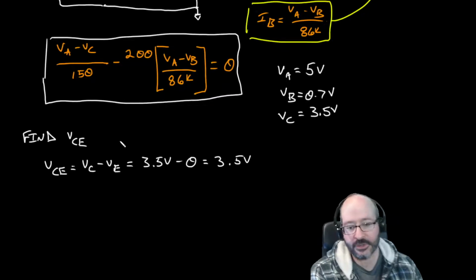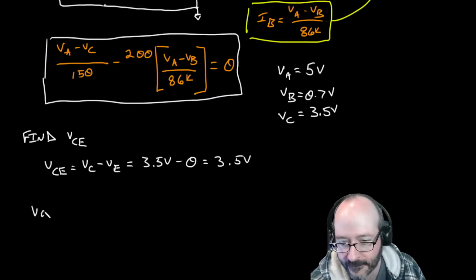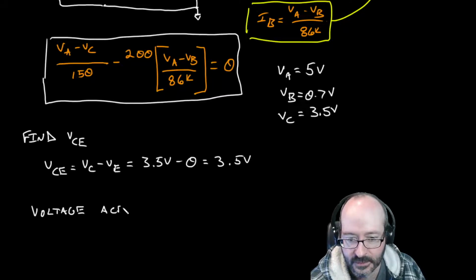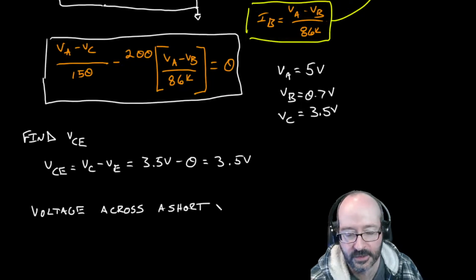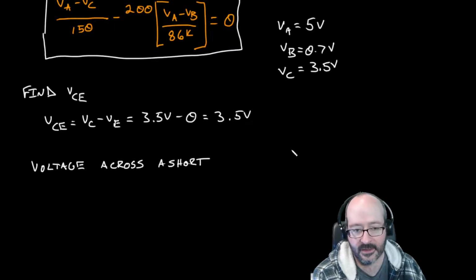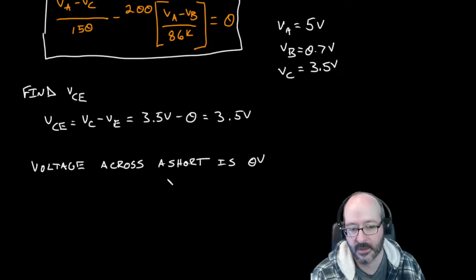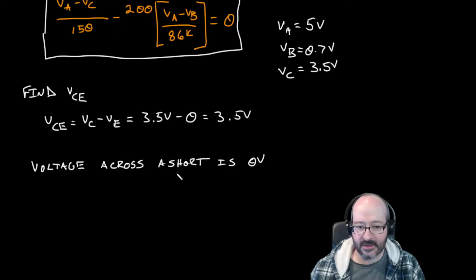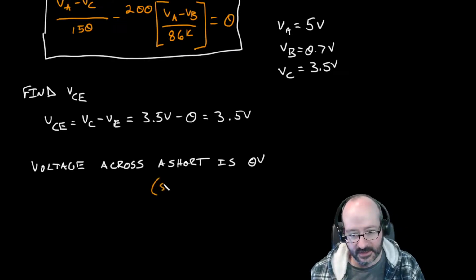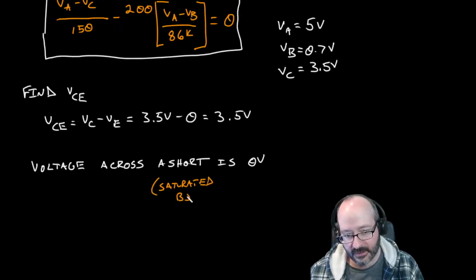Well, the voltage across a short is known, right? The voltage across a short is 0 volts. And I don't want you to think of it as a short. I want you to think of it as a saturated BJT.